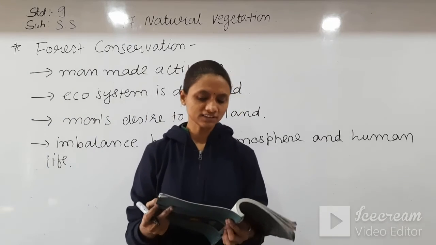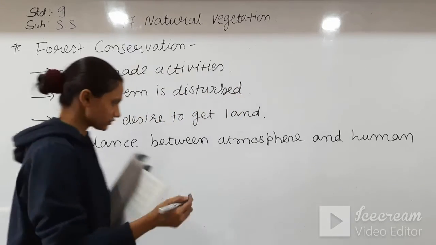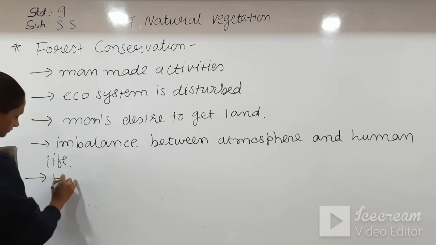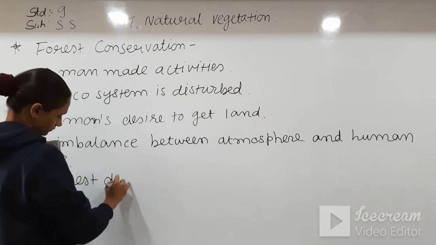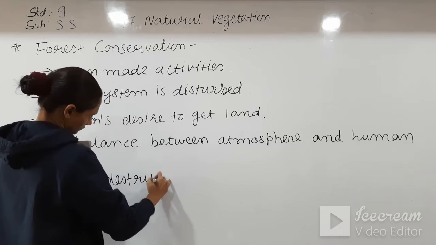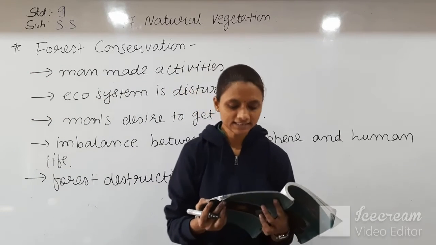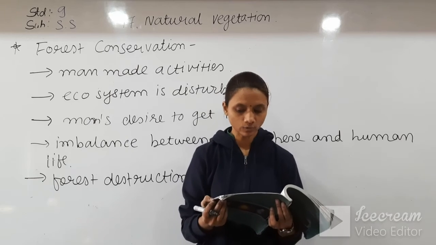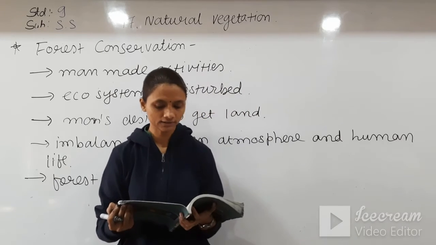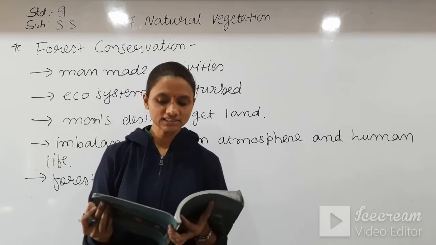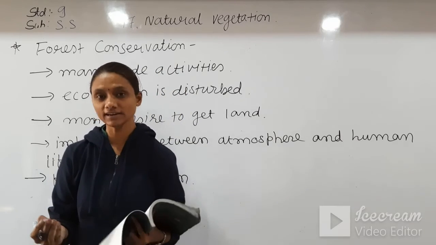Adverse effects are noticed due to the forest destruction. So due to all this, forests are destructed. These include decrease in rainfall, drought, global warming, greenhouse effect, advancing desert, homelessness of wild animals too.